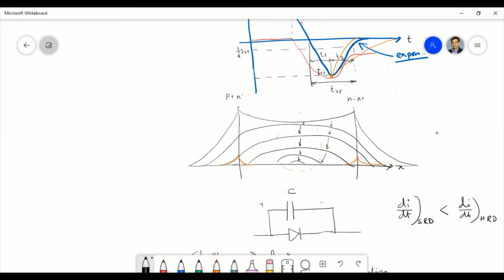At the end, there is almost zero concentration of minority carriers in the drift region, and there is only some concentration around the P plus N minus and N minus N plus junctions. During the off transient, this is the minority carrier distribution.